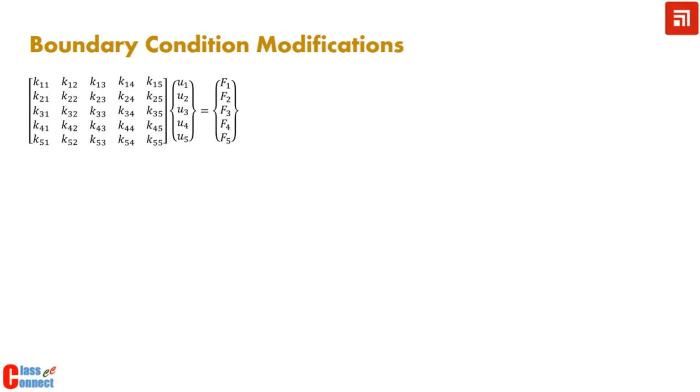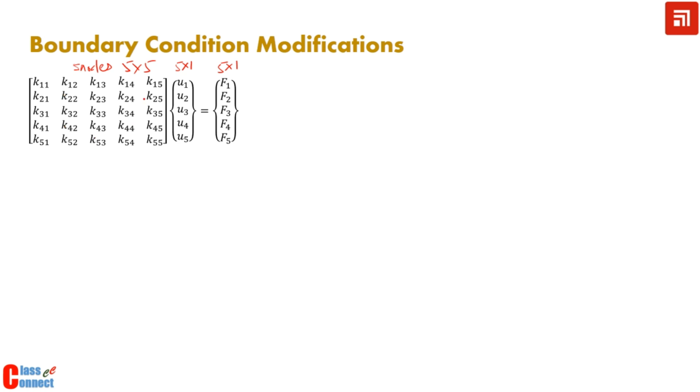So let us now discuss how to modify the system equations for boundary conditions, and for that we are assuming a 5-noded discretization. There are 5 nodes, and that is why the system stiffness matrix is 5 by 5, the nodal variable vector is 5 by 1, and the nodal force vector is 5 by 1.